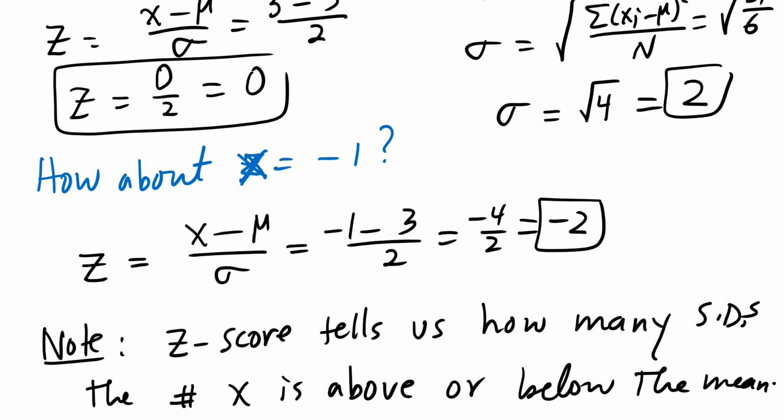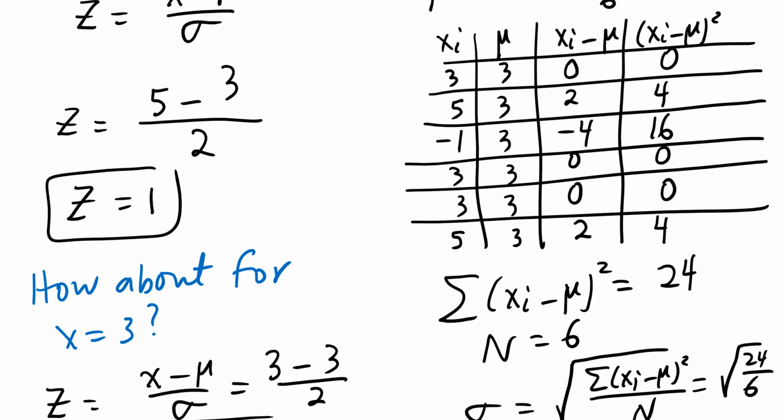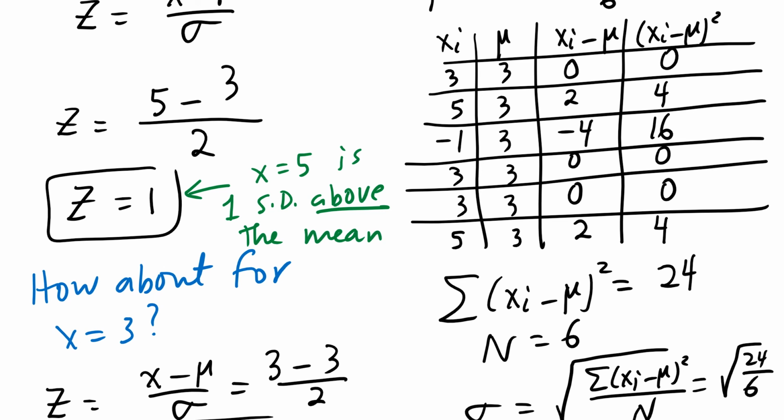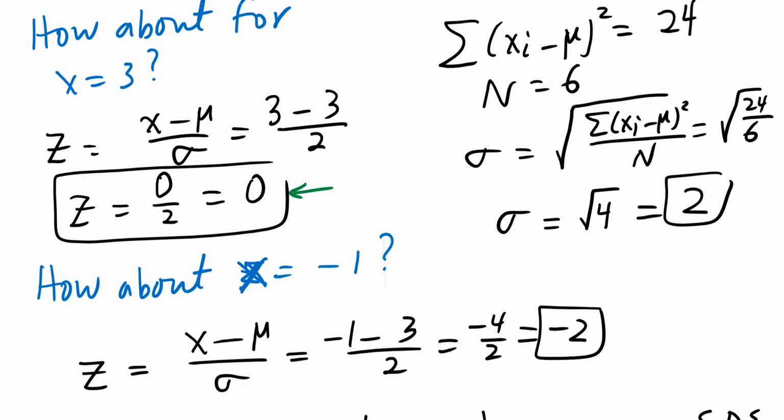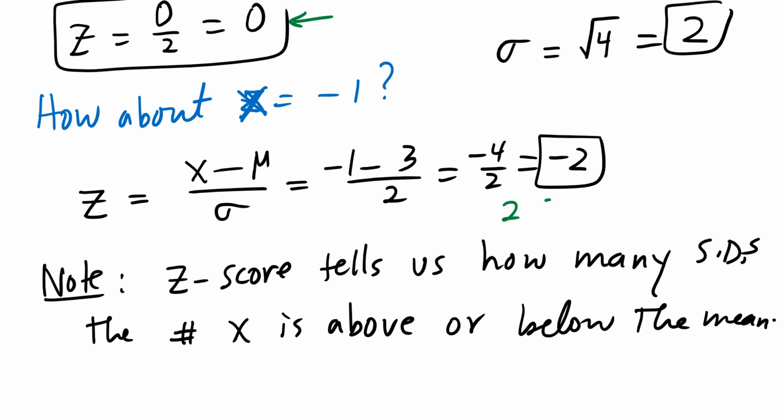So going back, this answer tells us that x equals 5 is 1 standard deviation above the mean. This one is at the mean, no standard deviation, 0. This one is 2 standard deviations below the mean. So this is how you interpret this.